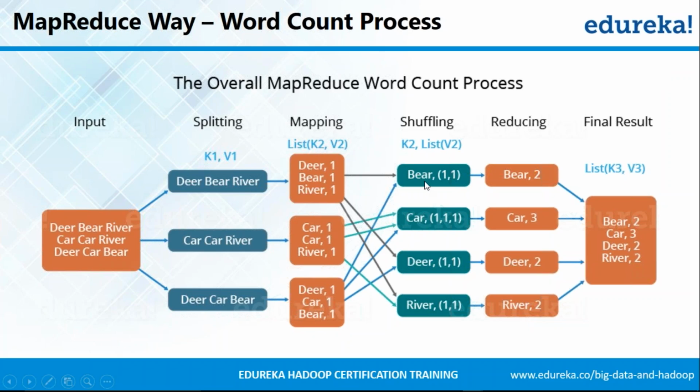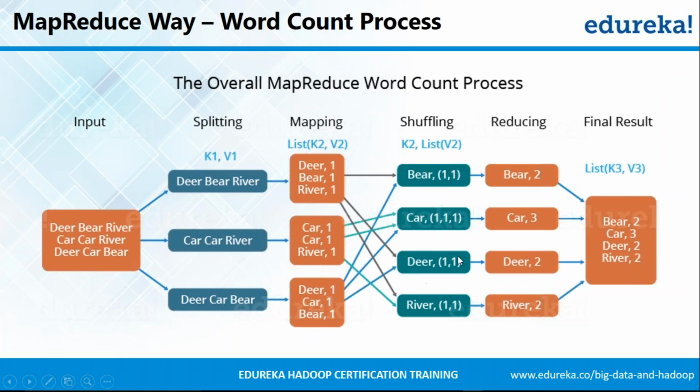In the shuffling phase, all the keys had a list of values that was assigned by going through all the results that were given out by the mapping function. So for bear it was 1, 1 because bear 1, and then another bear 1 was there in the third split. Similarly for car, so it became car, 1, 1, 1.